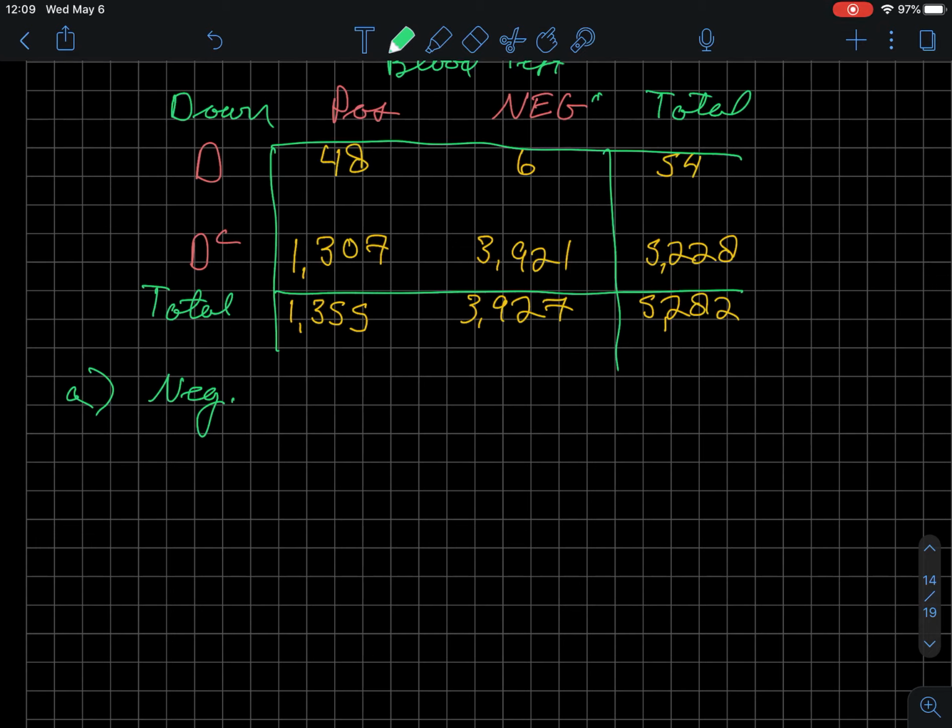What is the probability that someone has Down syndrome even though they have a negative blood test? The book says 0.00015. So how would we go about figuring this out?